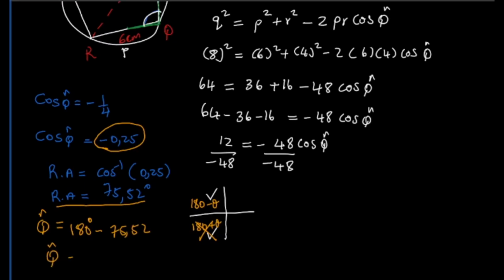What is angle Q equal to? 104.48. So this is Q. And then our S is going to be equal to 180 minus 104.48.